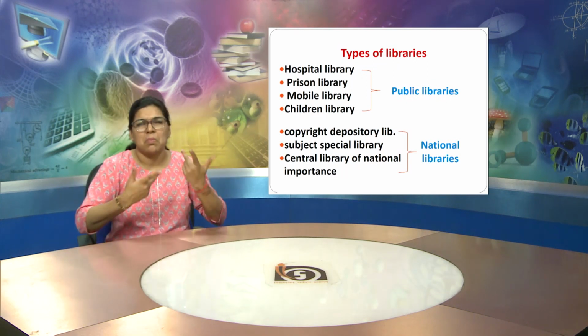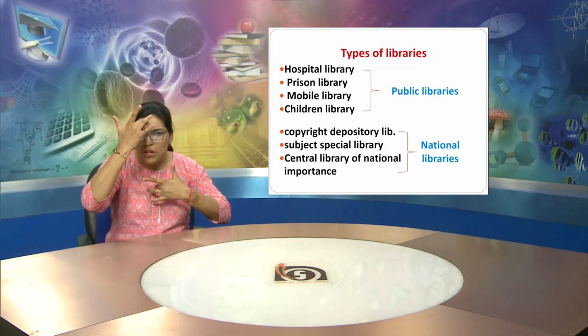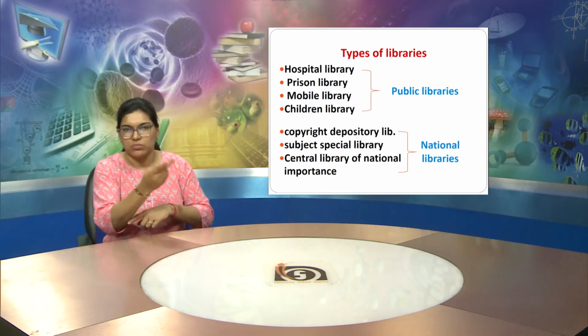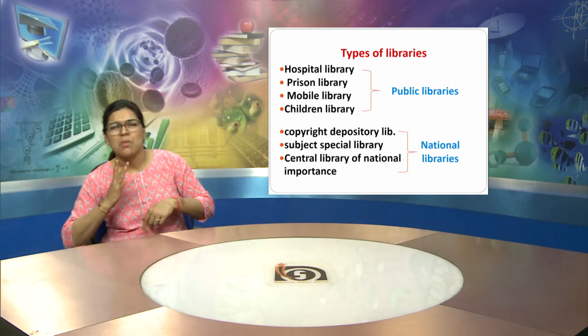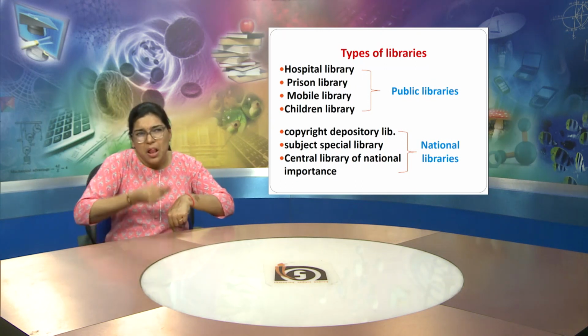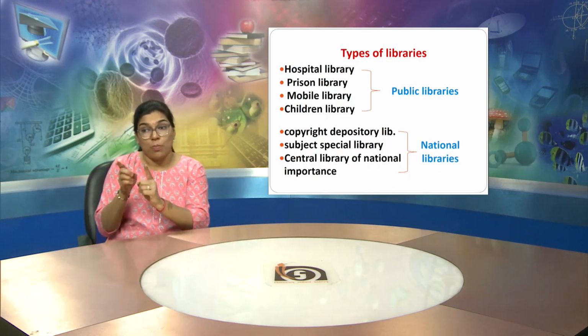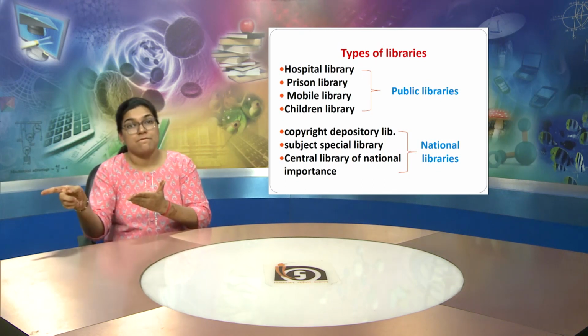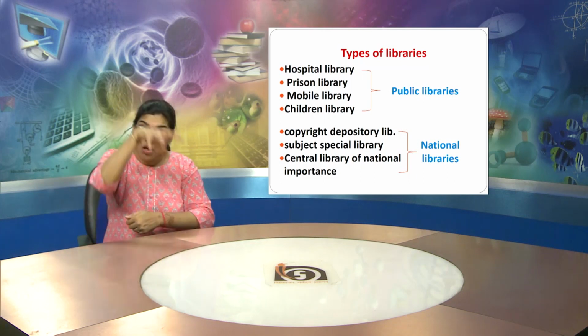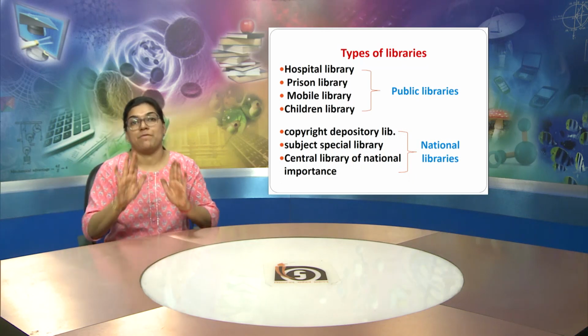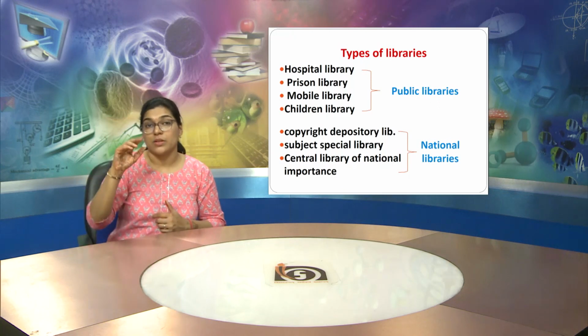First is hospital libraries. Whenever we get sick, we go to the hospital. So the medical doctors or the nurses often use this hospital library. All the people working in the hospital use the hospital library.